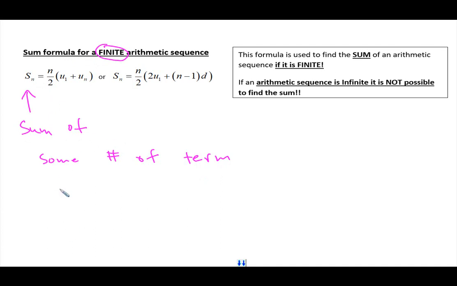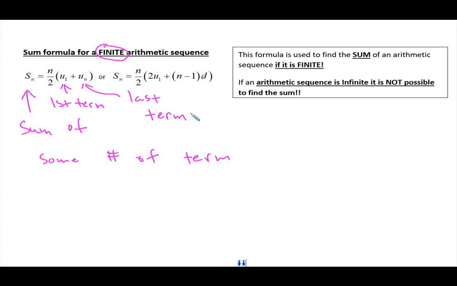Now, the important thing about this formula that you need to understand is you need to know the first term, and u sub n here is the last term of the sequence. Okay. And obviously n is the number of terms. But anytime you're trying to find the sum of a finite arithmetic sequence, you need to know the first term, the last term, and n. Those are 3 things you need to know to find the sum of an arithmetic sequence.